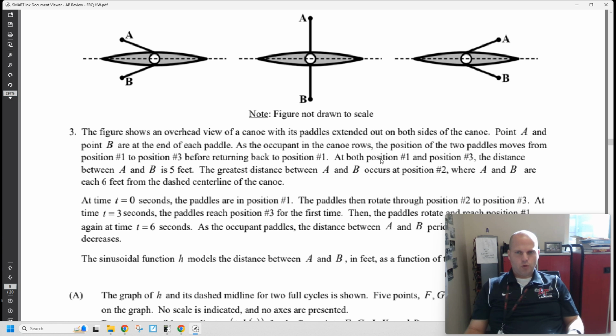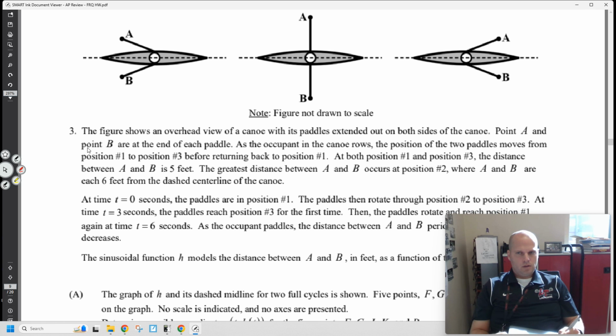At both position 1 and position 3, the distance between A and B is 5 feet. So we go from a distance of 5 feet to a distance of 6 feet, back to a distance of 5 feet.